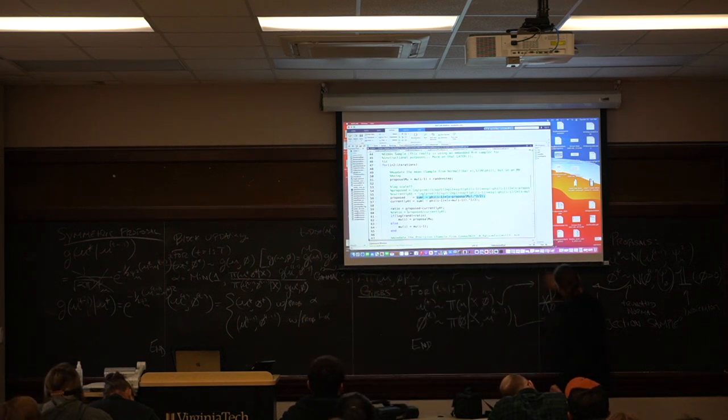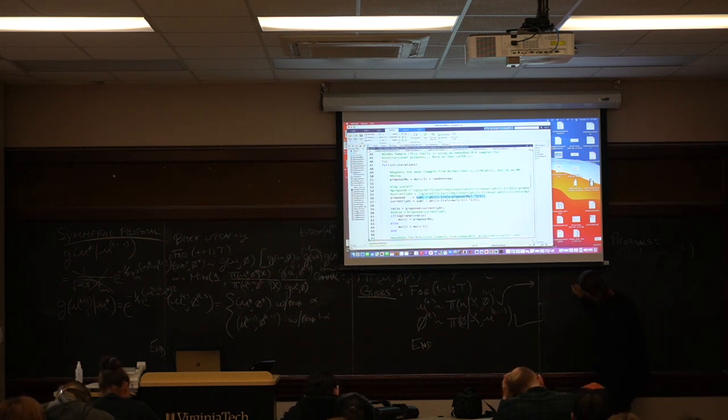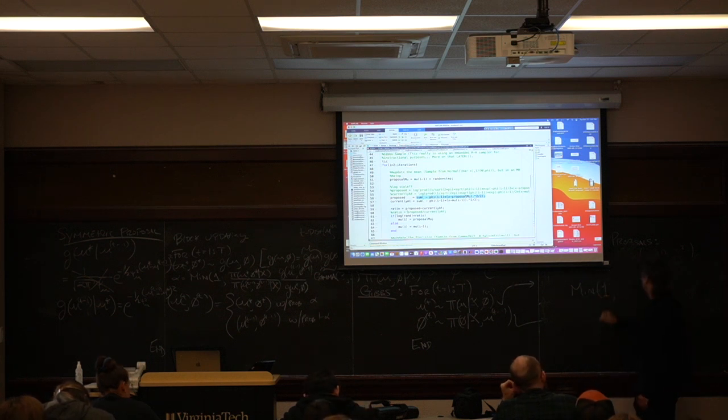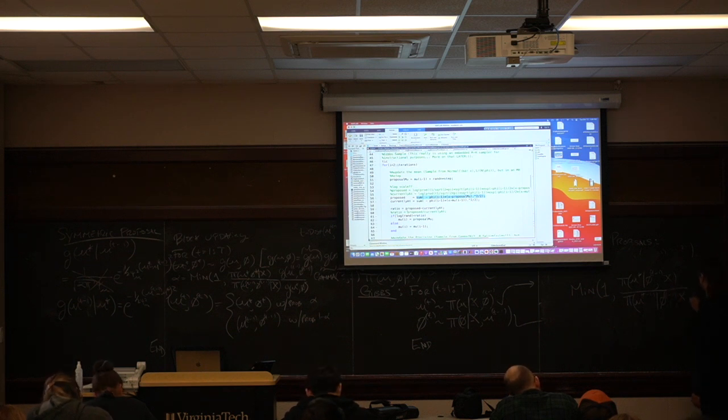So for my Metropolis step, I'm going to have min of 1 and then pi of mu star given phi t minus 1 and x, divided by pi of mu t minus 1 given phi t minus 1 and x, times g of mu t minus 1 given mu star over g of mu star given mu t minus 1.